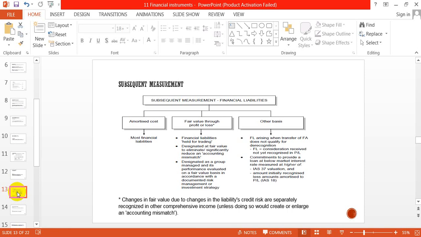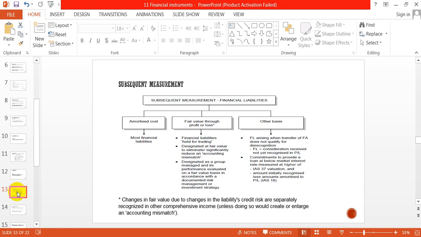All others, those which don't go through amortized cost or through fair value, through profit or loss, can use other bases, such as where a financial liability arises when a transfer of a financial asset does not qualify for derecognition.